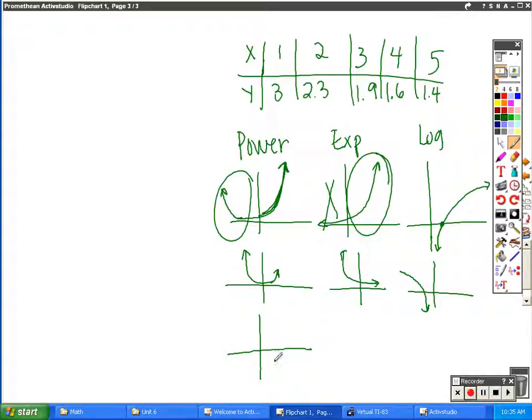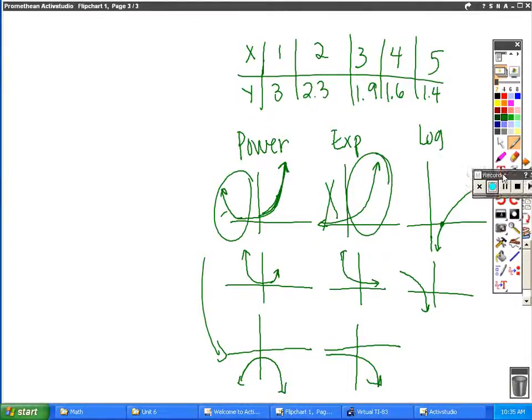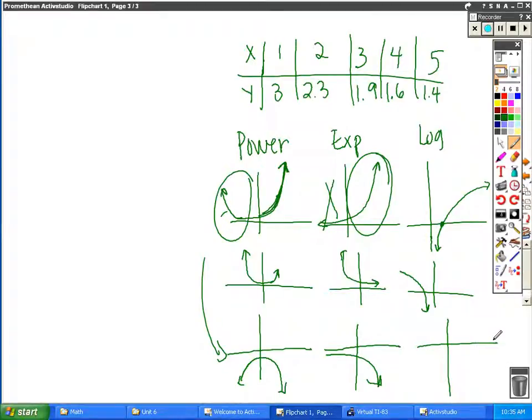From the original, I'm flipping it across the x-axis, so this would look like this. This one is going to look like this. And the logarithmic, if I flip it across the x-axis, is going to look like this.